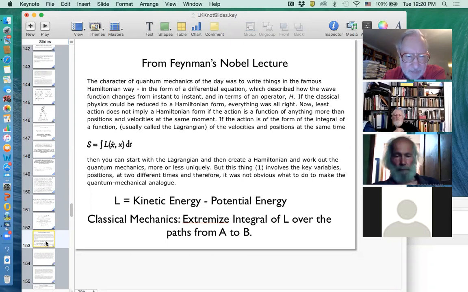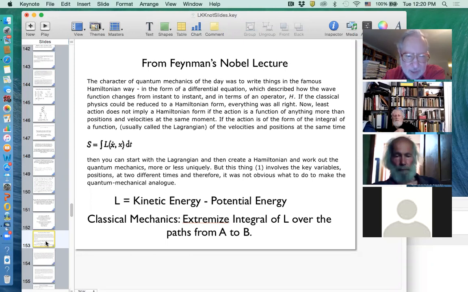Now, least action does not imply a Hamiltonian form if the action is a function of anything more than positions and velocities at the same moment. If the action is in the form of an integral of a function, usually called the Lagrangian, of the velocities and positions at the same time, integrating over a Lagrangian here. The Lagrangian that one uses in physics is usually kinetic energy minus potential energy.